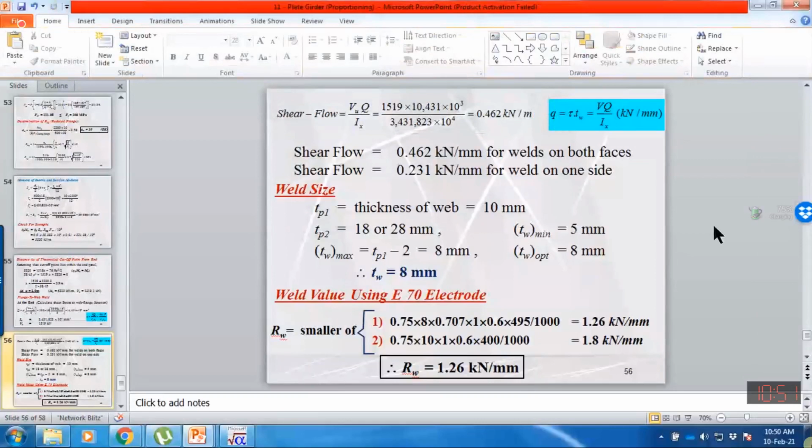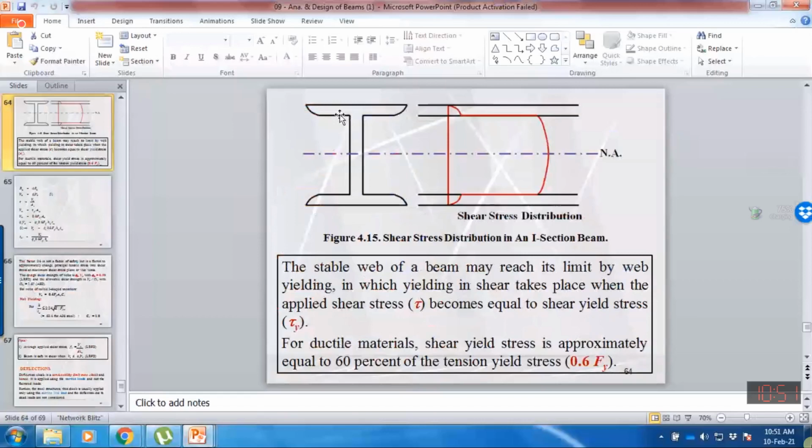Okay, next we want to determine the thickness of the weld. We are connecting the web with the flange. The thickness of the flange is 28 mm in the center and 18 mm at the edges, and the thickness of the web is 10 mm.